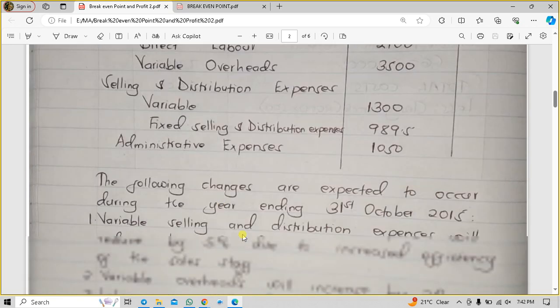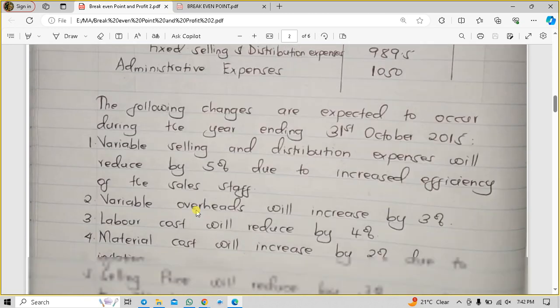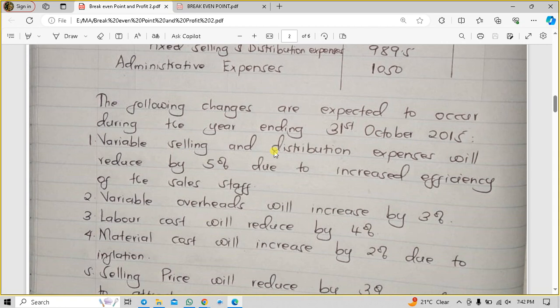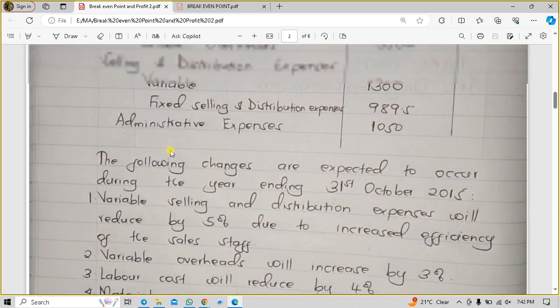So we are being told that in this company, the following changes are expected to occur during the year ending 31st October 2015. We have variable selling and distribution expenses will reduce by 5% due to increased efficiency of the sales staff. So the variable selling and distribution expenses.